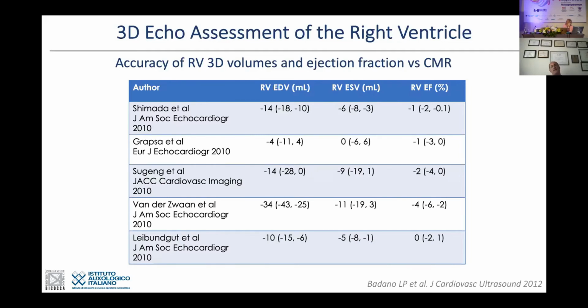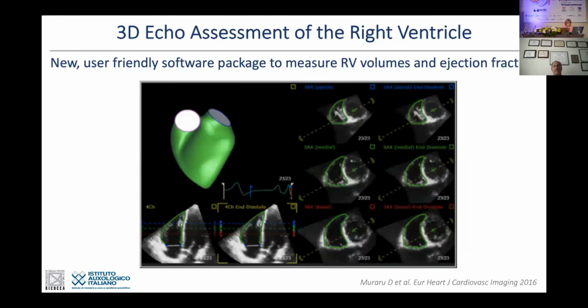As you see, as expected, 3D echo is just slightly underestimating the volumes of the right ventricle, but the measurements of ejection fraction are quite close to those of CMR.